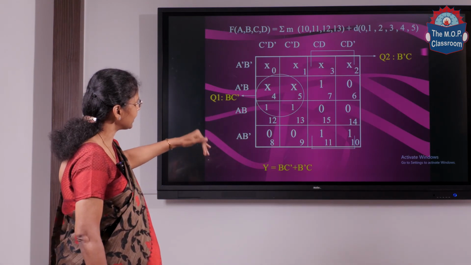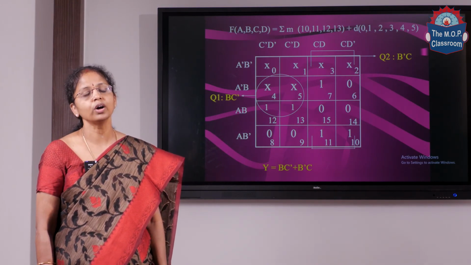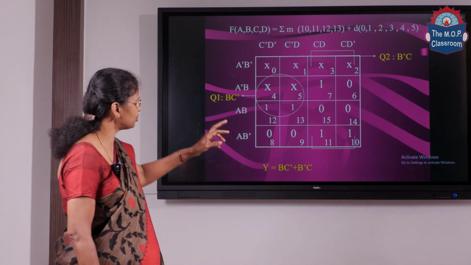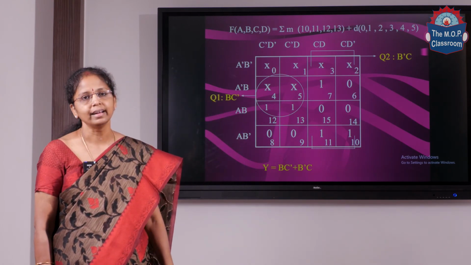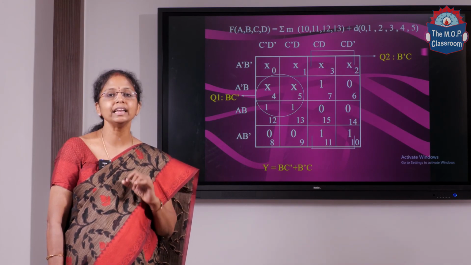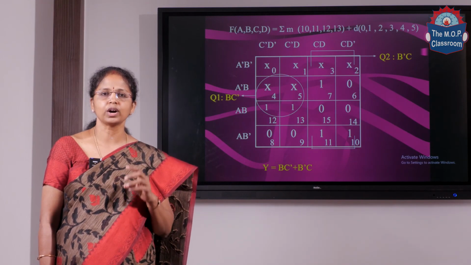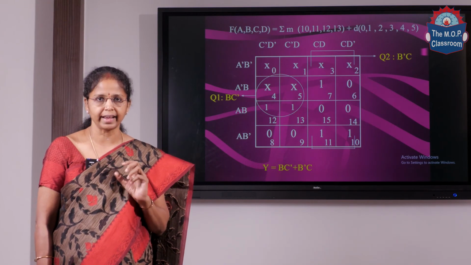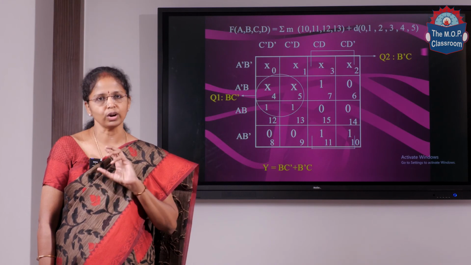Similarly, we can wrap this particular map along the horizontal axis, so that columns 1 and 4 are going to be adjacent, so that we can form a quad with the 2 ones here and the 2 don't care conditions. We should remember we cannot form groups only with don't care conditions. Any group you are forming, either pair, quad or octet, should have at least a single one along with X. So, any grouping with only X values is not allowed.